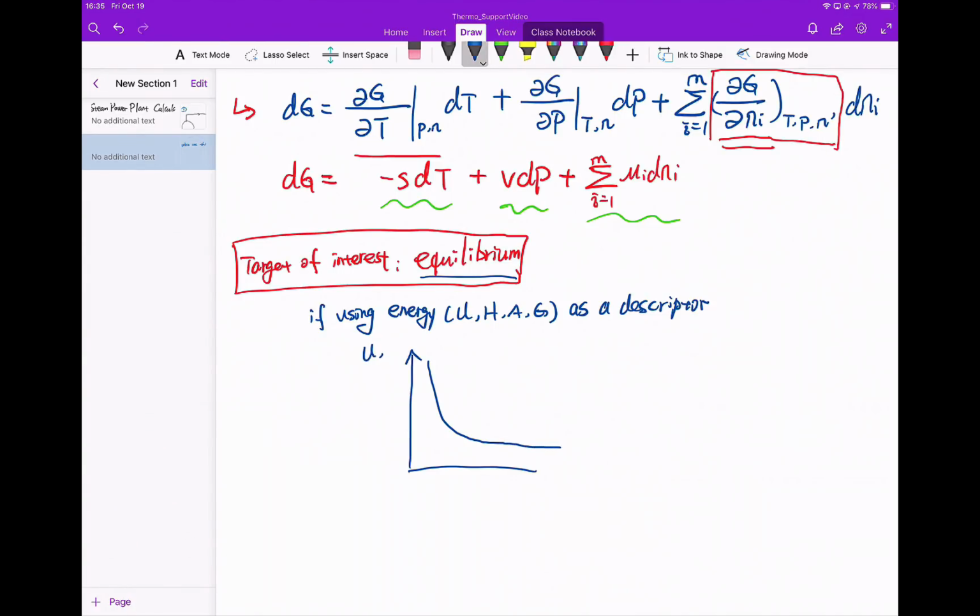This is U, H, A, or G. Then over here I would say, hey, this is not changing, so there I'm going to have equilibrium.